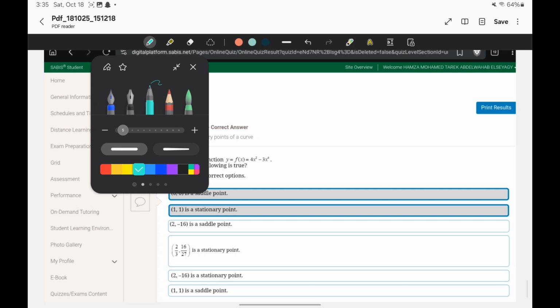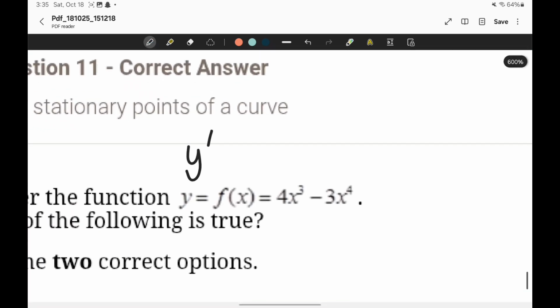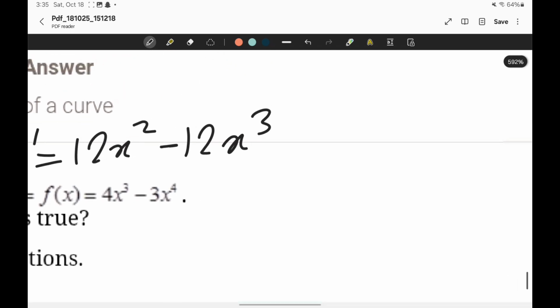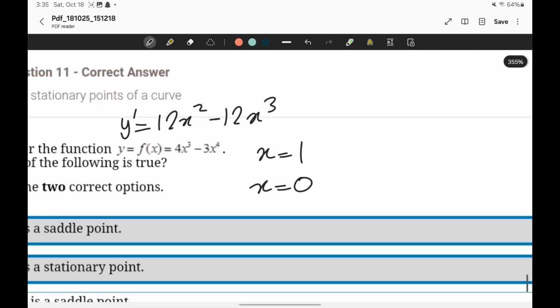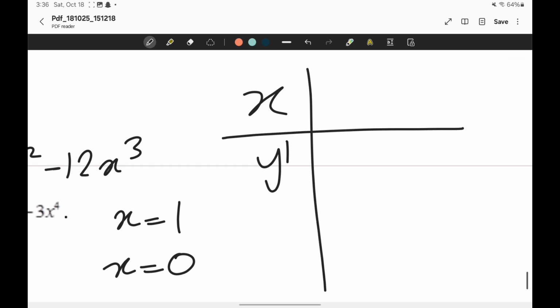Last question, number 11. First thing we do, we derive, so it's 12x squared minus 12x cubed. Put this equal to 0, put on your calculator, you get x is 1 and x is 0. Okay, we'll do the x, y prime table.